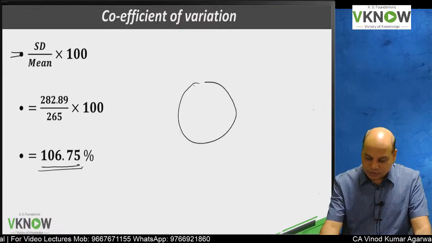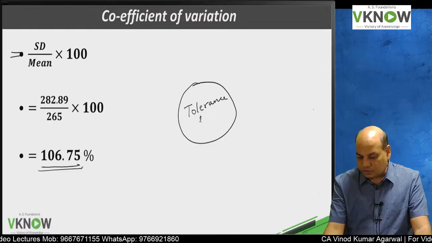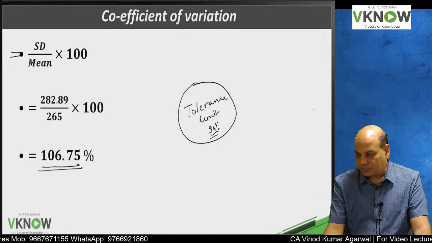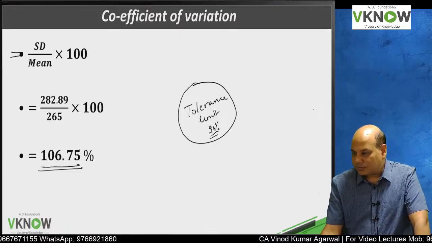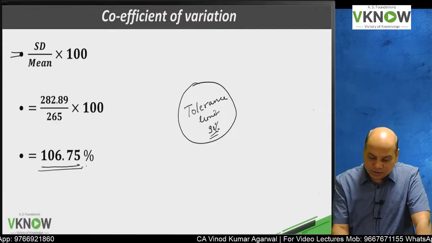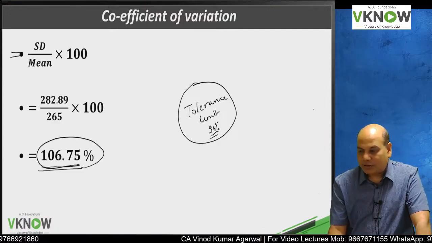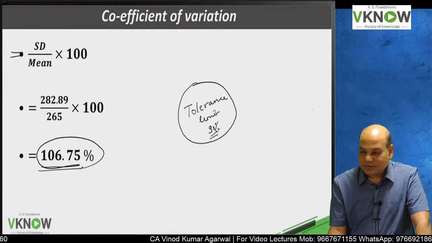106.75. And what is your tolerance limit? 90%. You are saying that if coefficient of variation, that is risk as a percentage of return, is 90%, I am going to accept. But here my risk as a percentage of return is more than 90%.